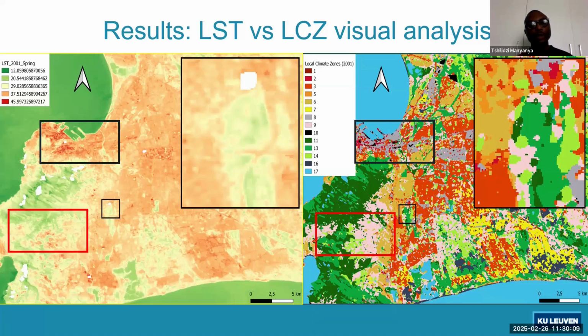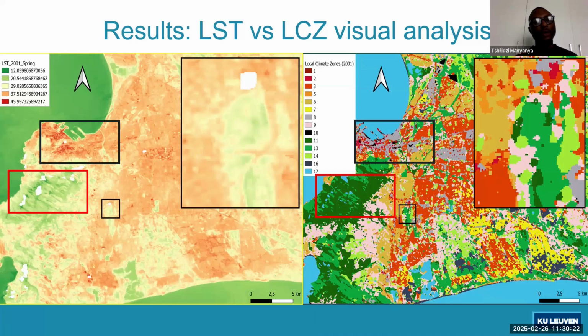The second box zooms in on the Table Mountain area, where you can see that the LST shows lower temperatures. Then we go through the agricultural area called Philippi, where you see the land surface temperatures showing a mix of low temperatures with some moderate temperatures.